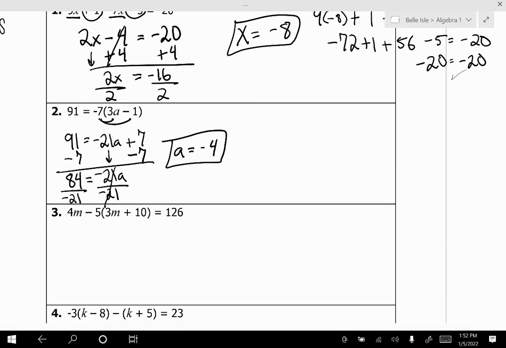Well, if it's plus on the side where the variable is at, you can get rid of the other numbers. So you subtract it. But if it was negative, you would add the same.